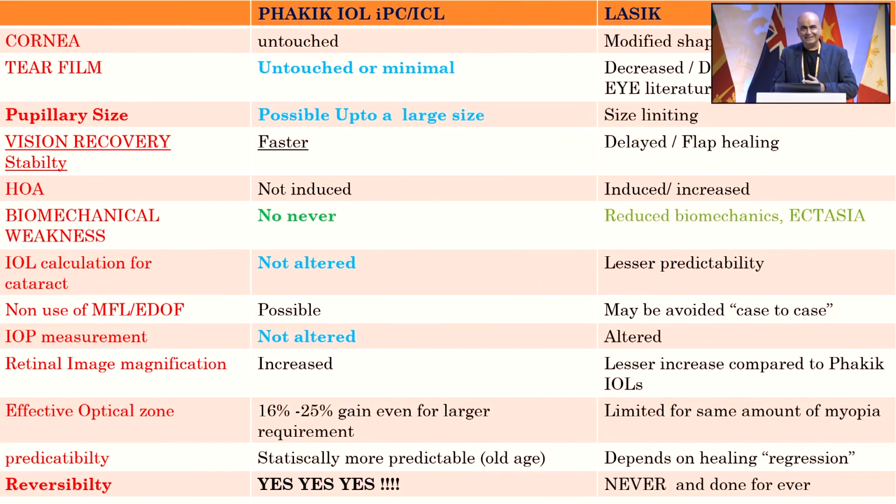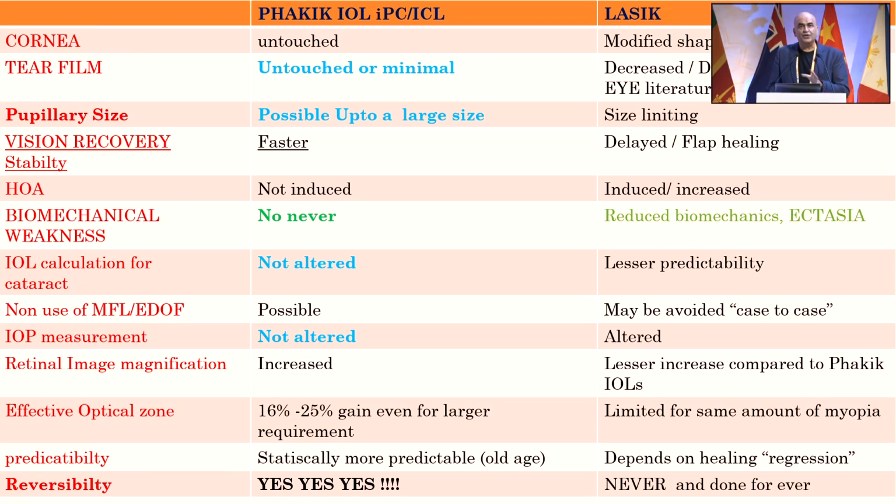Now let us understand the functional difference between LASIK and doing a phakic lens. It could be an IPCL or an ICL. Your cornea remains untouched, tear film remains untouched. You can actually do large pupil size procedures because a lot of Indian manufacturers are making large sized lenses. No high order aberrations induced, as my friend Dr. Pooja said, no biomechanical weakness to the cornea.